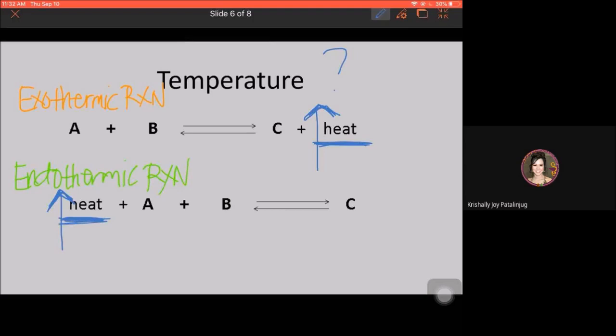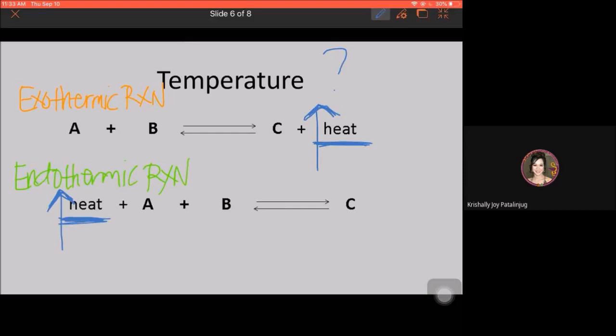When temperature is increased, there will be more heat energy. To restore equilibrium, things will shift to the other side to use up some of the excess heat and therefore relieve the stress.